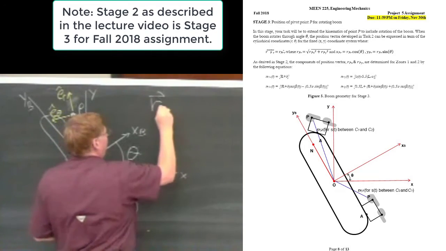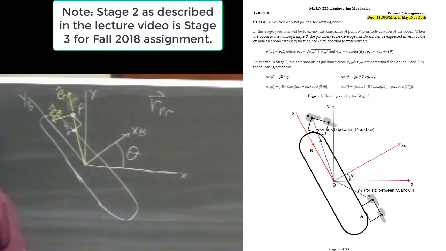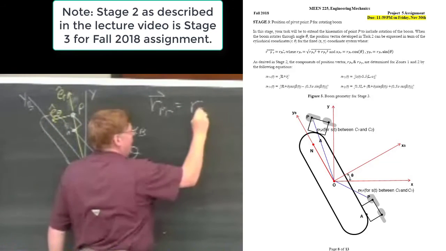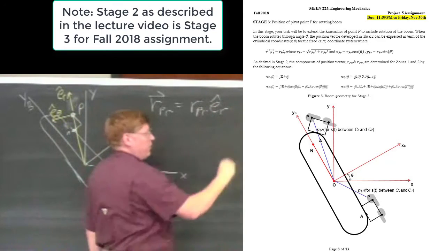So this is what we got. We're saying that the location of the pivot pin with respect to the rotating boom is just some distance out from the origin, RP R, ER.